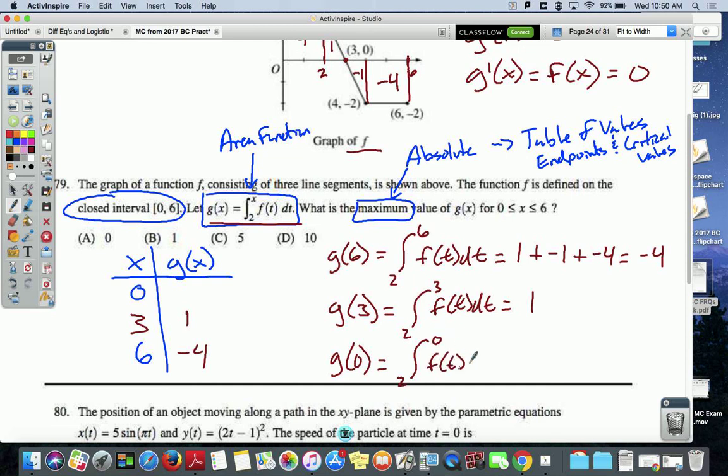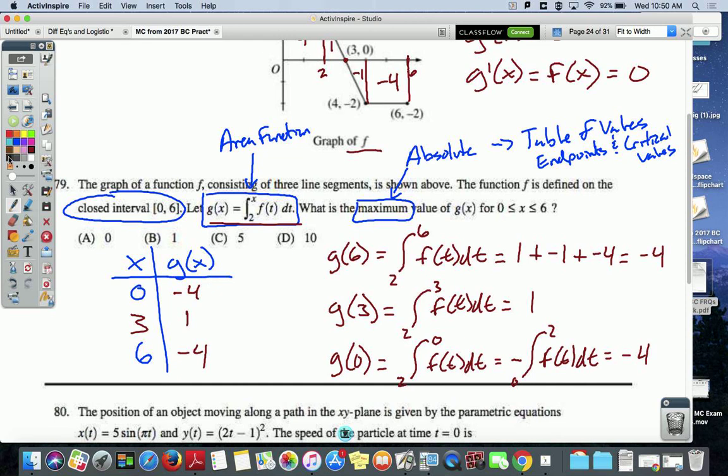Now that seems a little weird because those endpoints are in opposite order. So I'm just going to switch them and go 0 to 2. On the graph, from 0 to 2, it's +4, but I'm going to make it a negative. So g of 0 is -4.